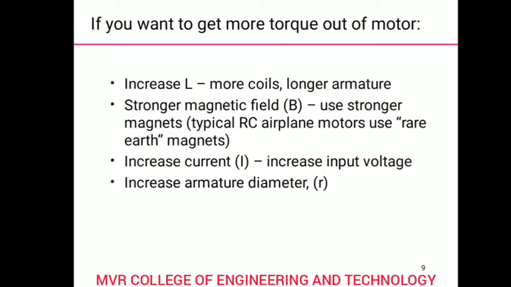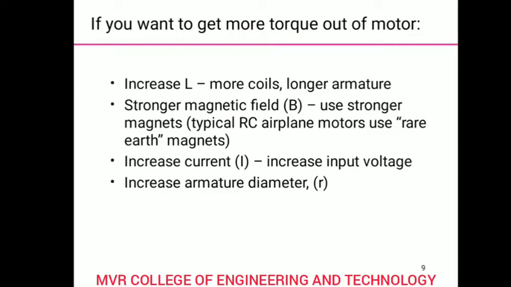We take these materials and make rare earth magnets, which have a strong magnetic field. It increases the current, increases the input voltage and increases the armature diameter also. This motor is used for low speed applications and for high speed applications also.